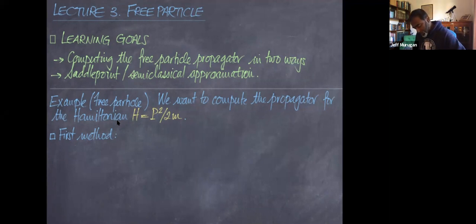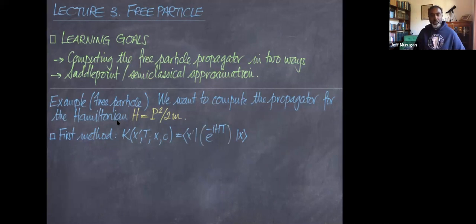Now we know that this object, the propagator or amplitude, K of x prime, capital T, x0, is what we get if we start off from a state x at time t equals 0, propagate the state forward in time with the Hamiltonian by acting on it with e to the minus iHt, and then projecting that onto the final state x prime.